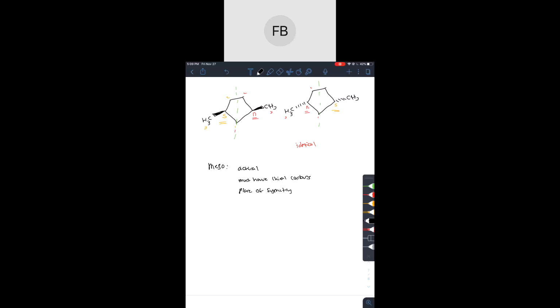Yeah. So I would take away this achiral definition because that doesn't really tell us much. But there's three things to look out for. It has to have chiral carbons. It has to have a plane of symmetry, and it also has to be optically inactive, meaning that there has to be R's and S's involved.